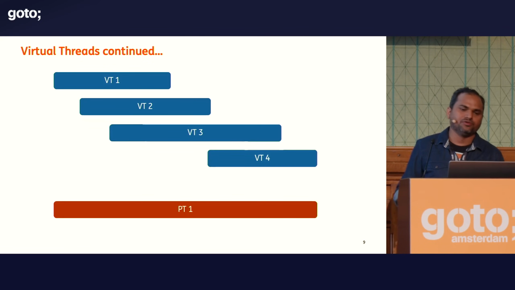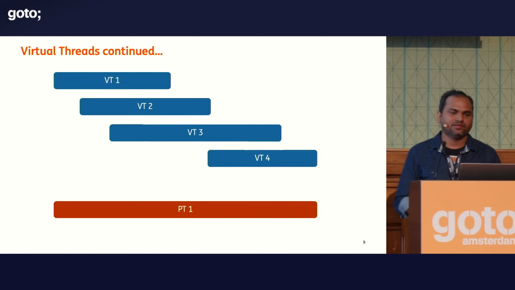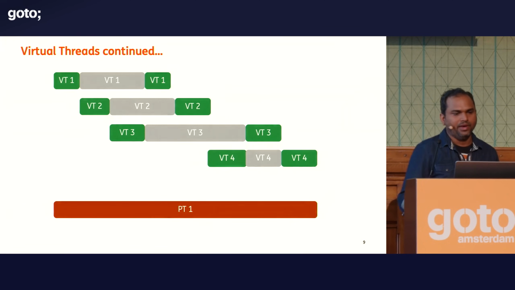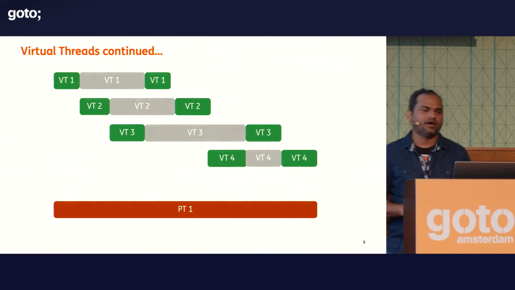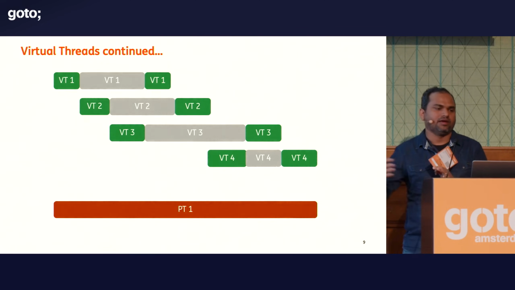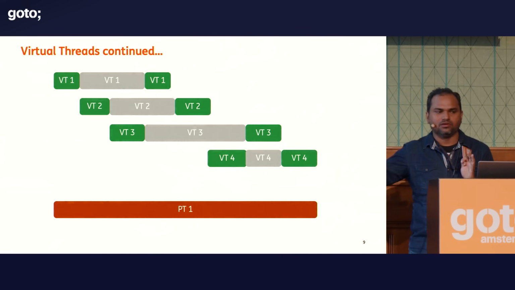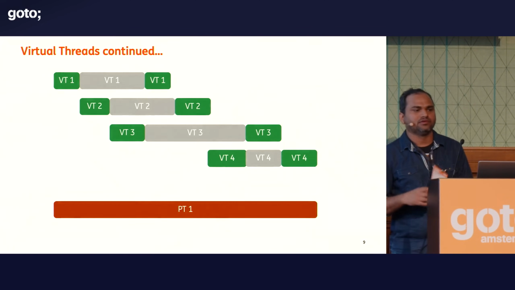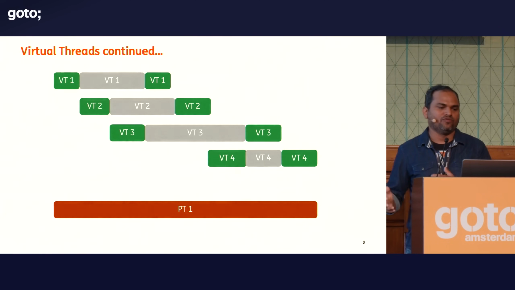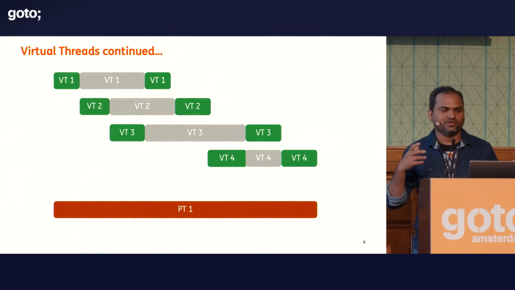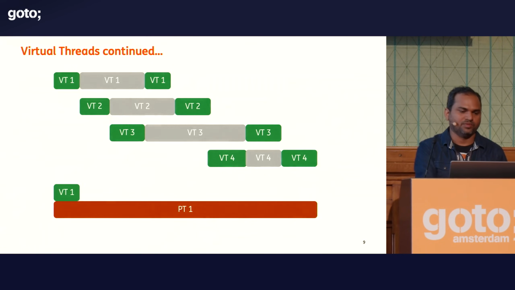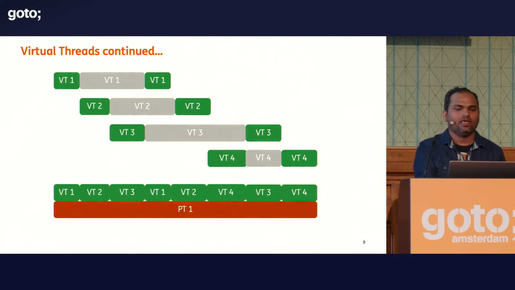So yeah, here you see another example where you have 4 virtual threads, and basically, let's say they do some processing, and then they have some waiting time. The waiting time is represented here in gray, and the processing is done in green. So what you see is that there is some waiting time, some processing time for all 4 of these, but the way their processing is done, they are able to basically utilize the same platform thread this way.